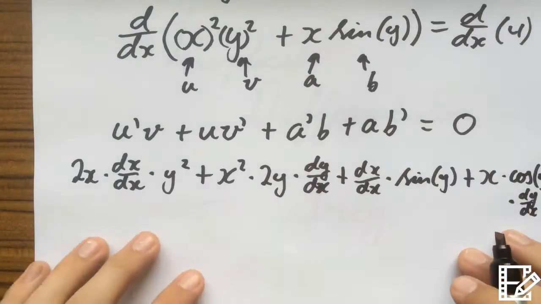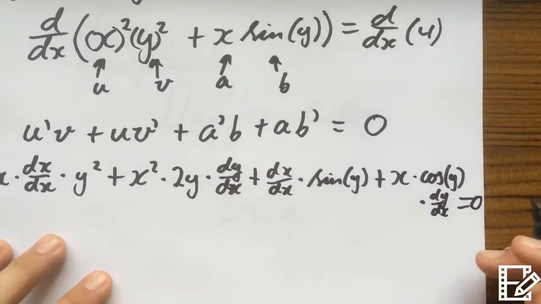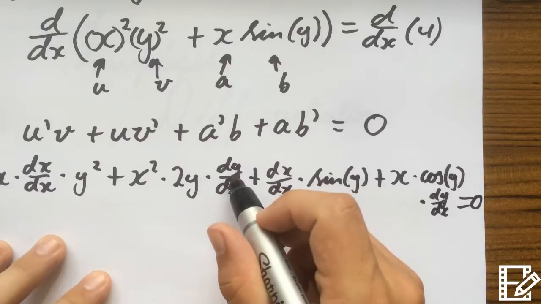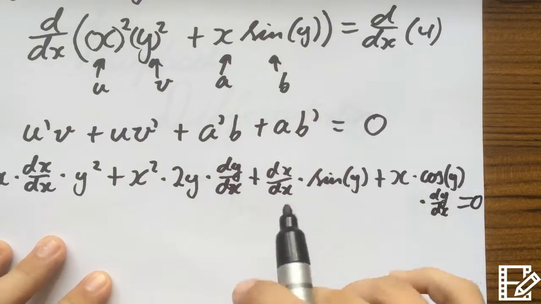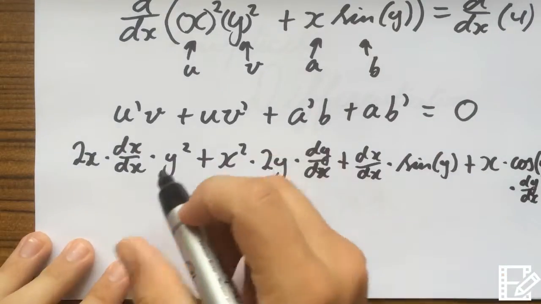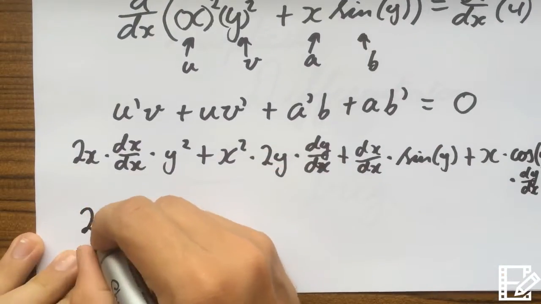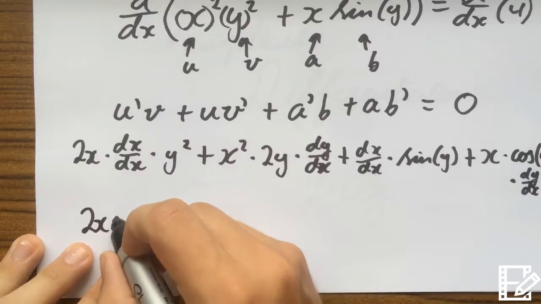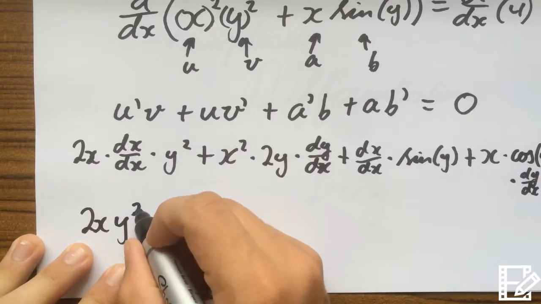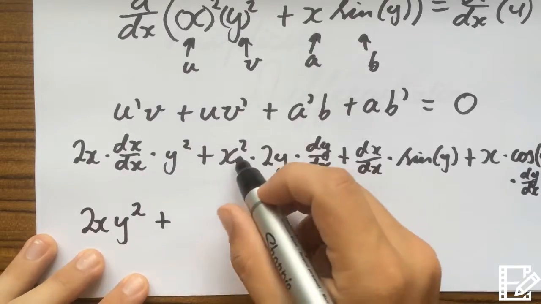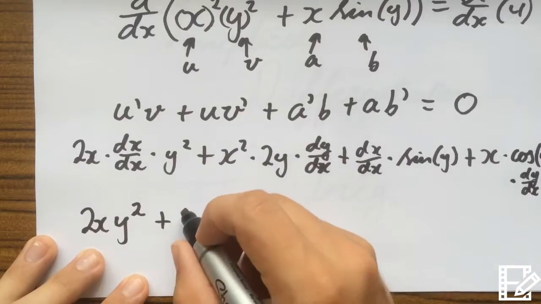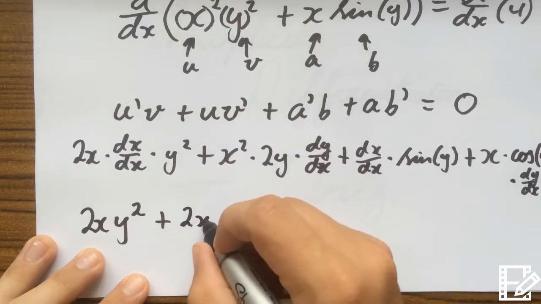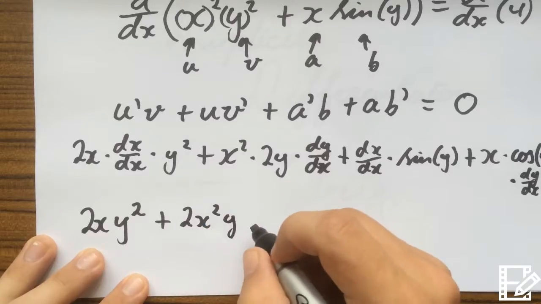Okay, now I'll get to the fact that we have dy dx throughout, but first we're just going to simplify this to make some room. So we've got 2x times 1 times y squared plus x squared multiplied by 2y dy dx. You could write that as 2x squared times y.